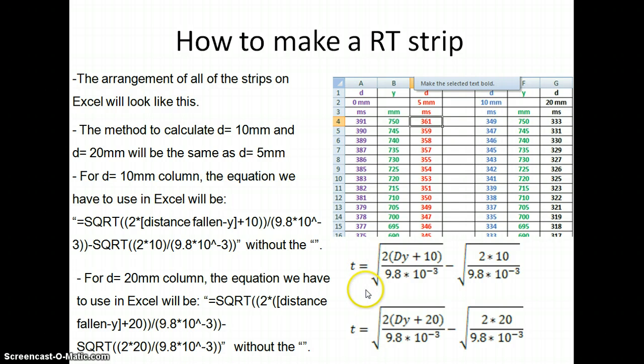The reaction time when d is equal to 10 millimeters looks like this, and the reaction time for d equals 20 millimeters looks like this. We will enter this formula in Excel to calculate d equals 10, and this one for d equals 20. This is what the arrangement of all of the strips in Excel will look like.